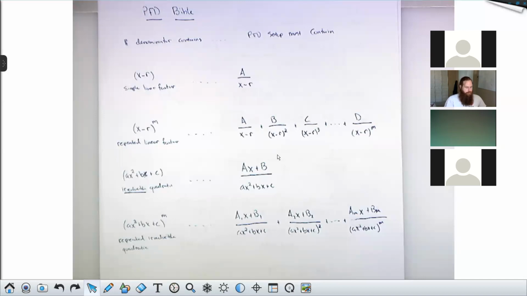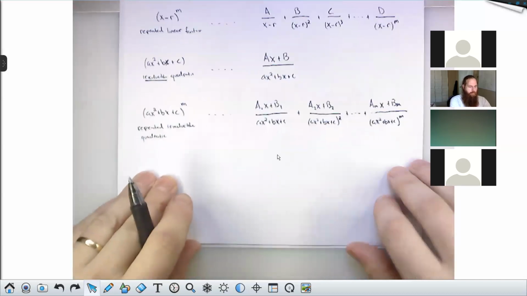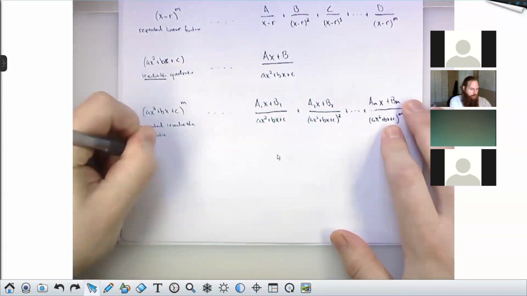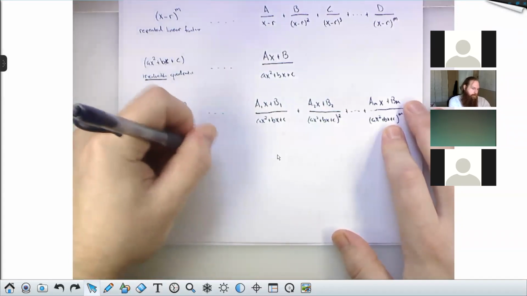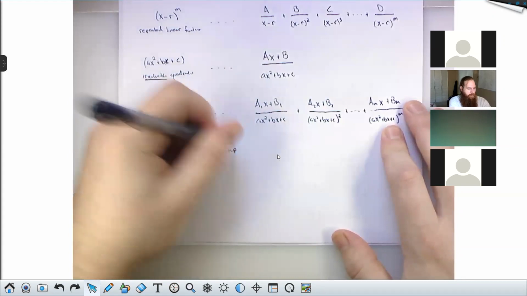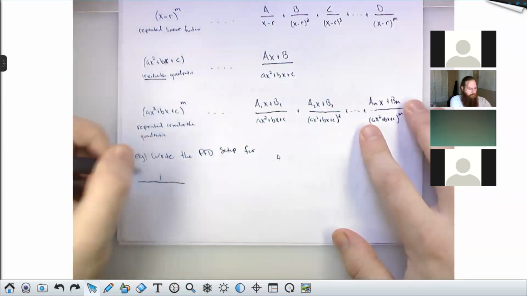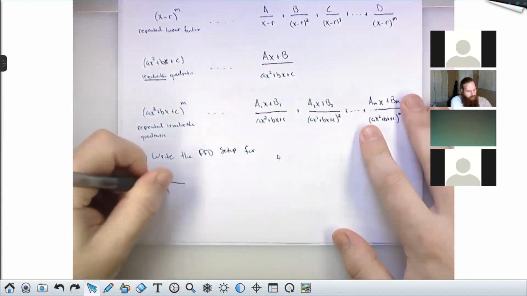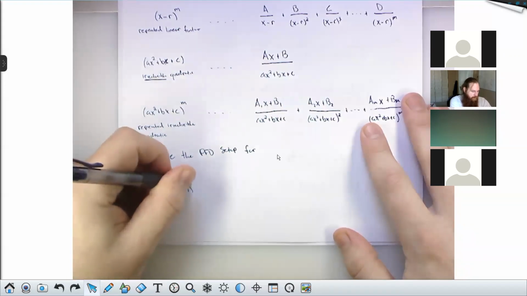All right. So let's look at a PFD setup. I'm not going to solve the problem. I'm just going to set it up. Let's write the PFD setup for 1 over, let's do x minus 3 times x plus 5 cubed times x squared plus 1.